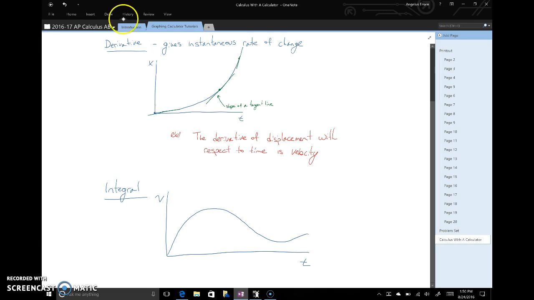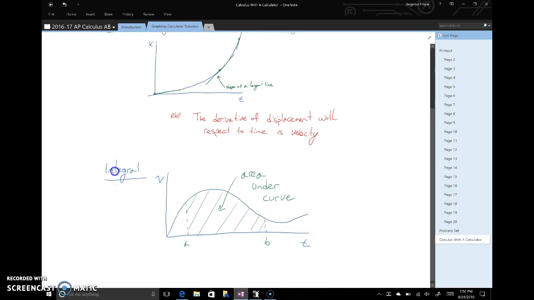If we were to take the integral from one point to another, what we're doing is finding the area under the curve from A to B. That's our graphical representation, just like the slope of the tangent line was our graphical representation.